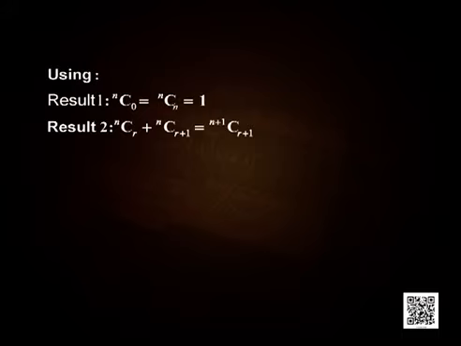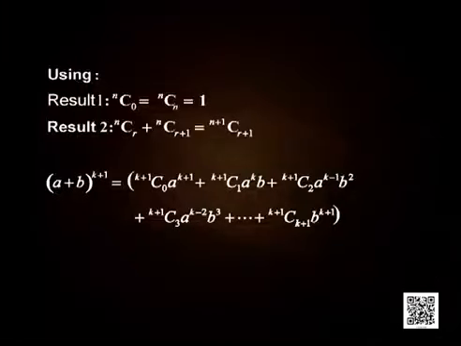Using the second result, kC0 plus kC1 becomes (k plus 1)C1, right? And therefore, for our next term as well, wherever I have kC1 plus kC2, the index will shift to k plus 1, and I will pick between the 1 and 2 the higher number 2.